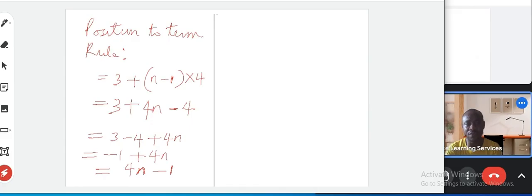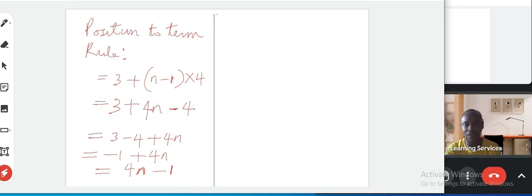So 3, which is the first term, plus, open a bracket, n minus 1, close the bracket, times d, which is 4. Then you're going to use this 4 to open the bracket. 4 times n gives you 4n, isn't it? 4 times 1 gives you 4.